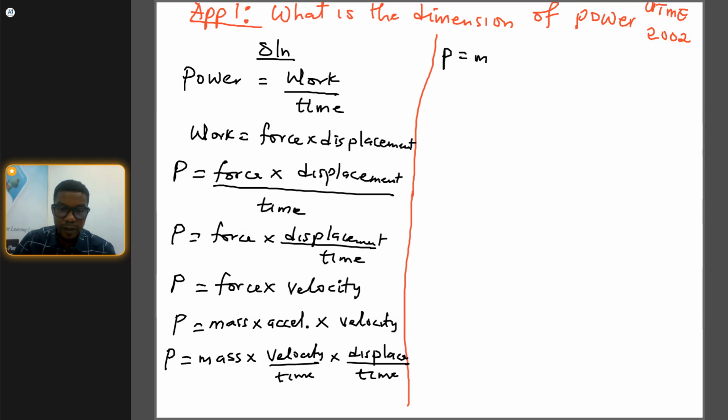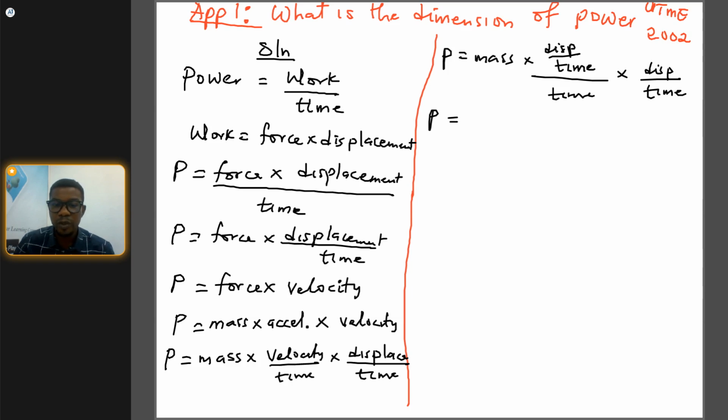Power now equals mass multiplied by, we still have another velocity here which we need to simplify, and that also will give us displacement over time. So we have displacement over time, then over time again, times displacement over time.